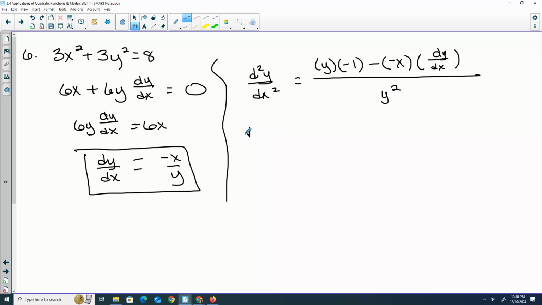Okay. Y times negative 1, so negative y minus negative, so plus x times, but then I look, dy dx is negative x over y.